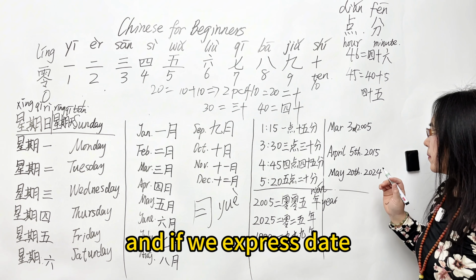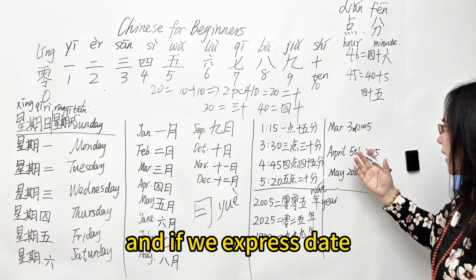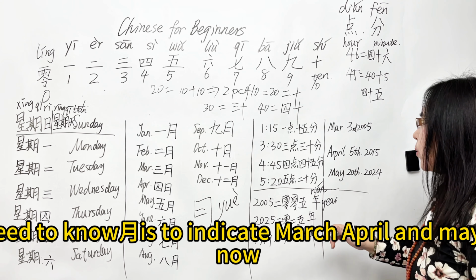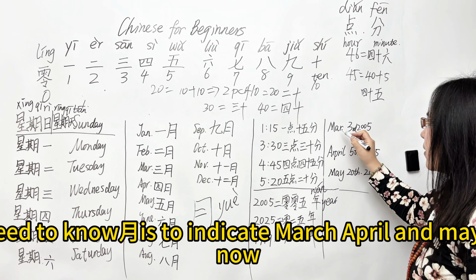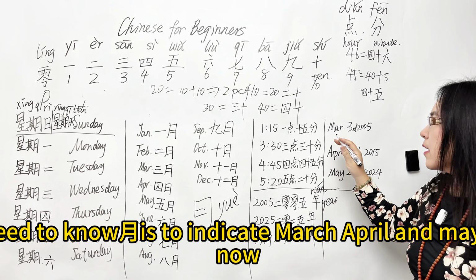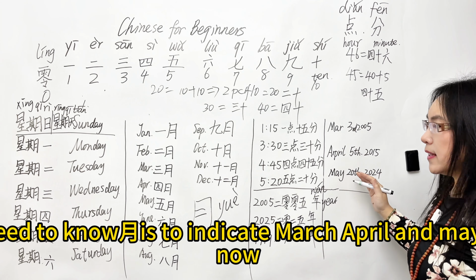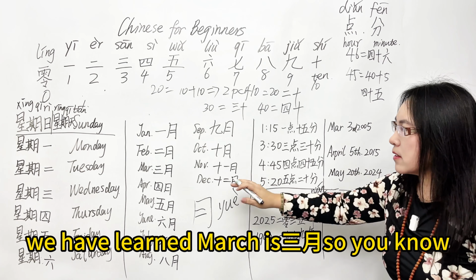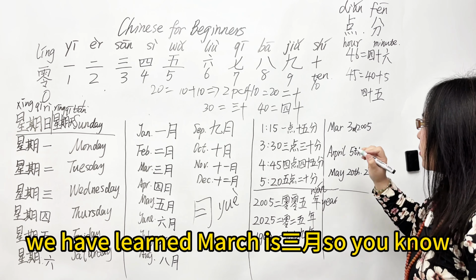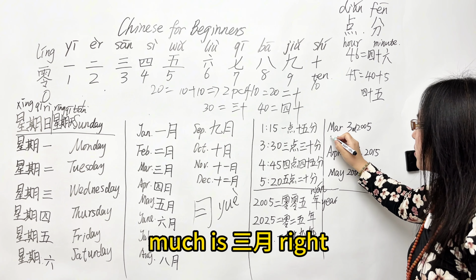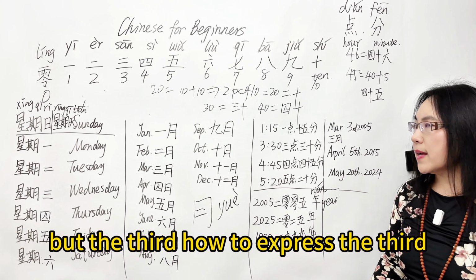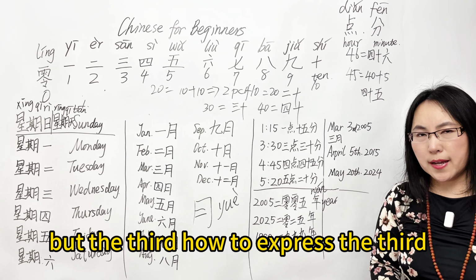And if we express date, we need to know 月 indicates month, such as March, April and May. Just now we have learned March is 3月. But the third, how do we express it?